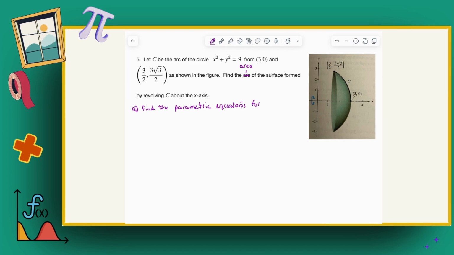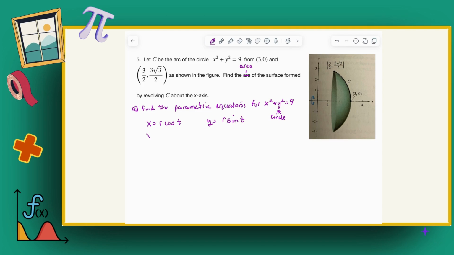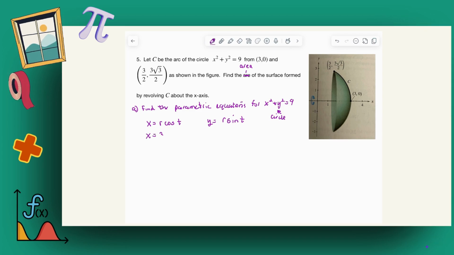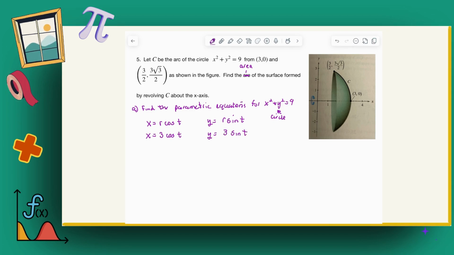Since we recognize that this is an equation of a circle, x is equal to r cosine theta, or t, and y is equal to r sine t. So since r is 3, our parameterized equation is going to be x equals 3 cosine t and y equals 3 sine t.